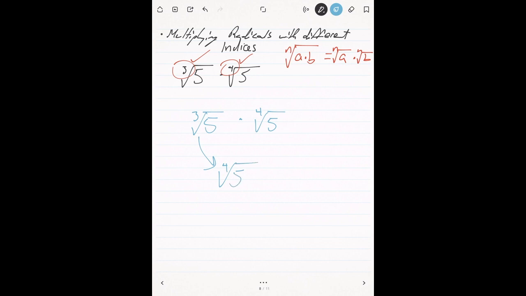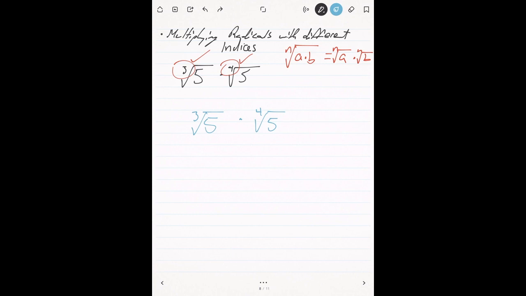There, I changed the index. Well, no, these aren't the same thing. We're going to need to change it so that the cube root of 5 is the same as our new index. So first ask yourself, what does 3 and 4 have in common? What multiples of 3 and 4 are in common?